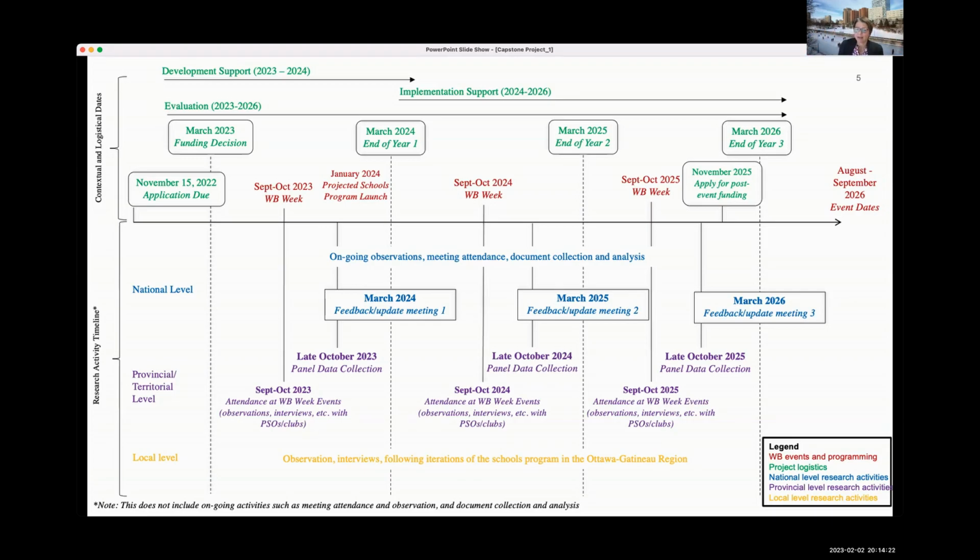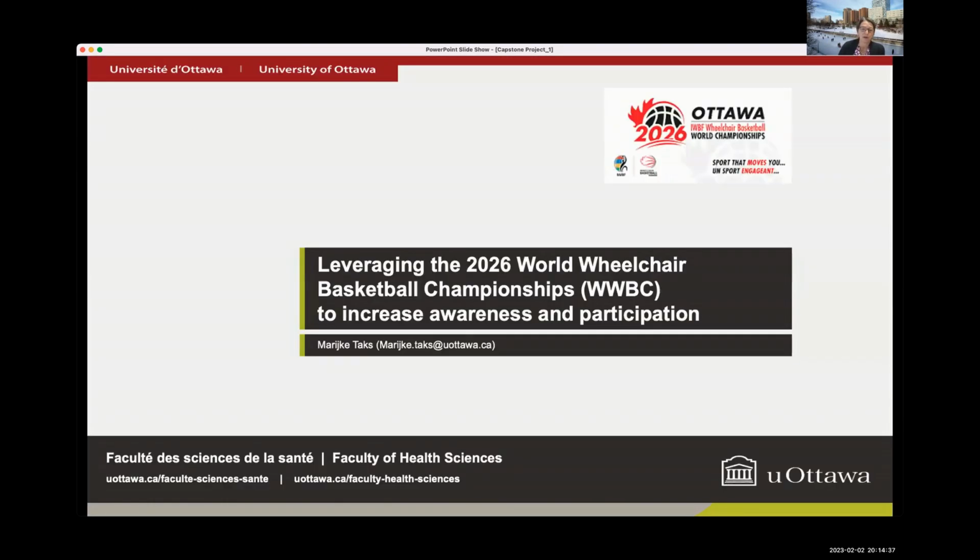I hope I gave you enough information about what I'm looking for. Obviously, I'm not going to go through all the details, but it gives you a picture of what it could look like. And of course, anybody who would be interested will be part of a larger team, and this team will take on other components of this larger project. So voila, that's my contribution, and I'm happy to take any questions.